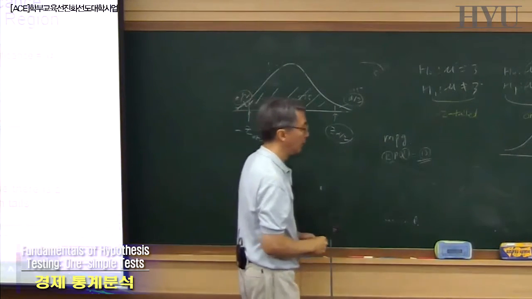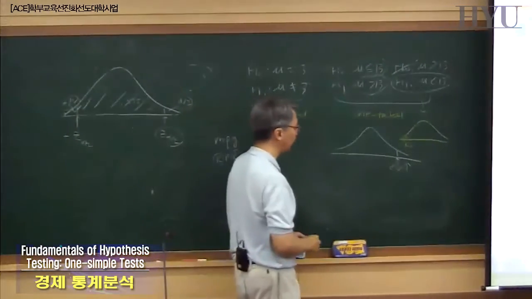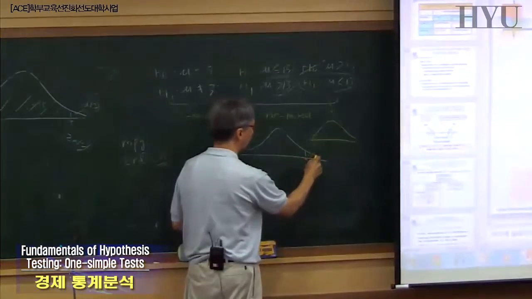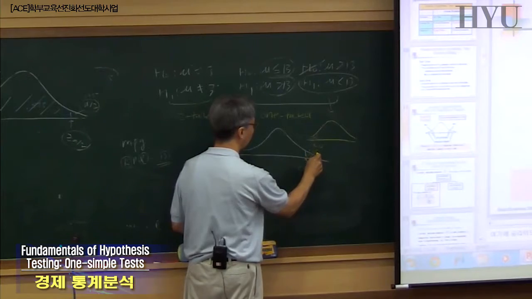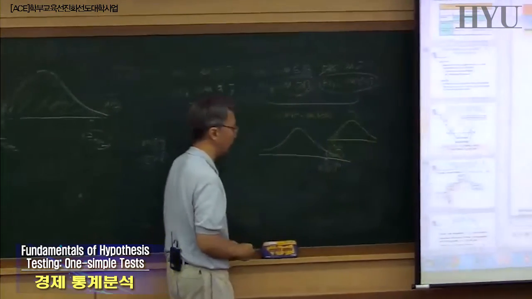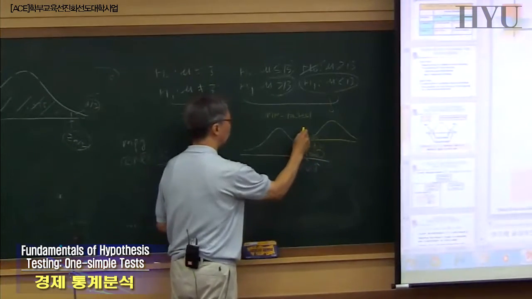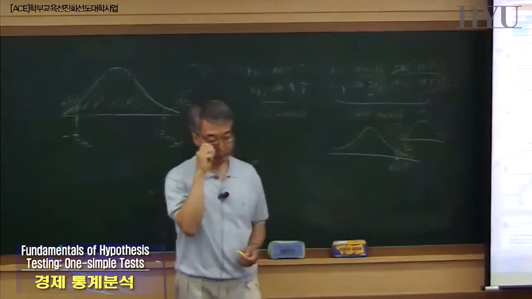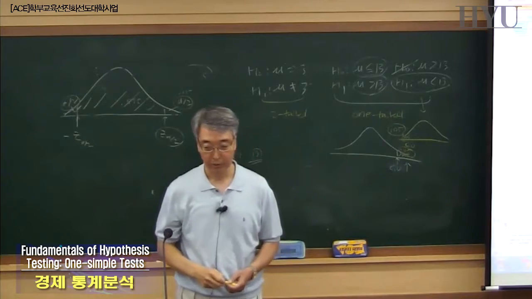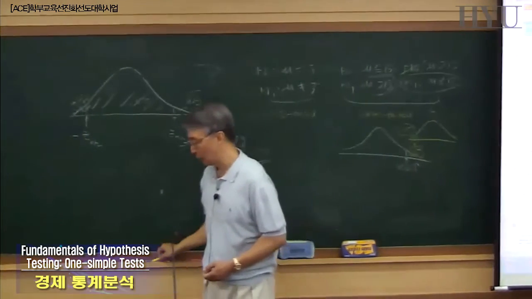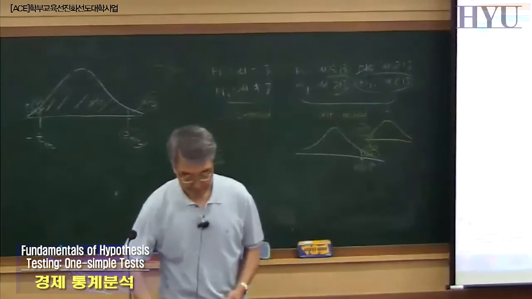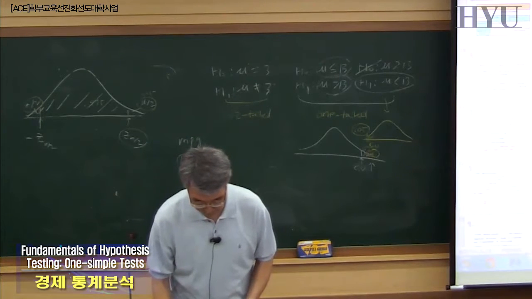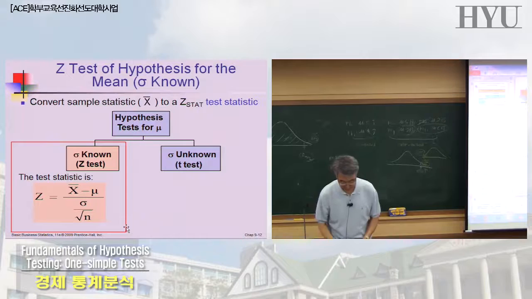But if you're running a one-tail test, you can set aside the entire 5% area on one side. And in making the decision, you can use that rejection region. So that's the difference between a two-tail test and a one-tail test.